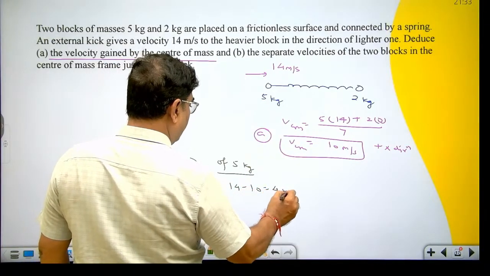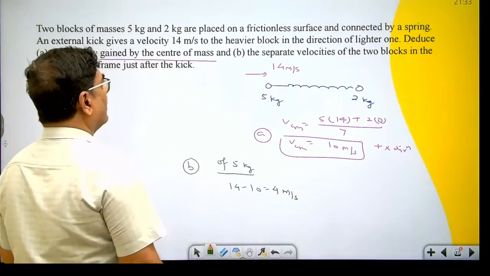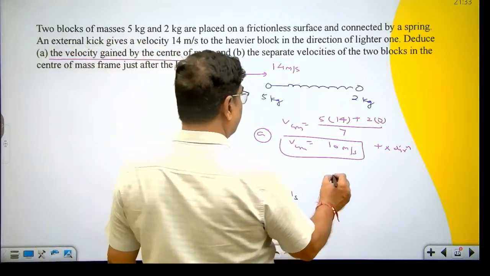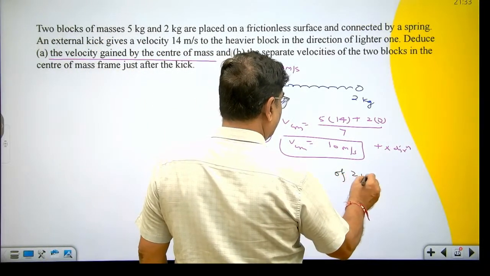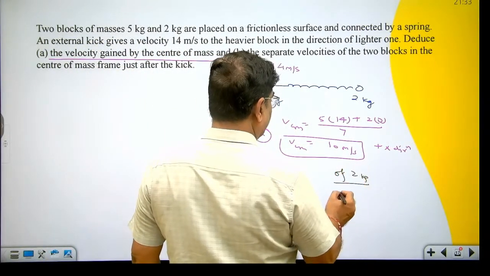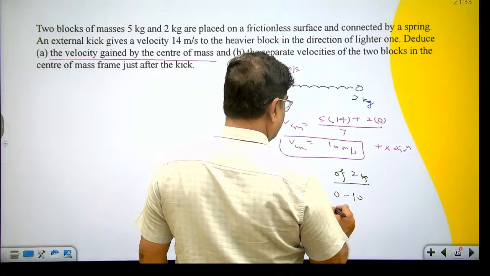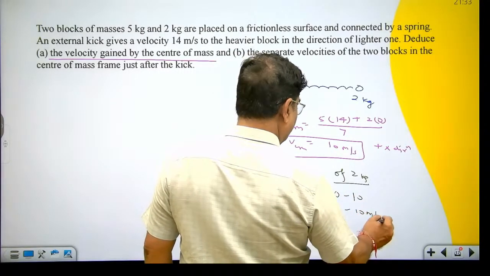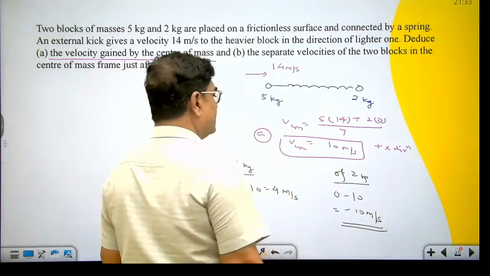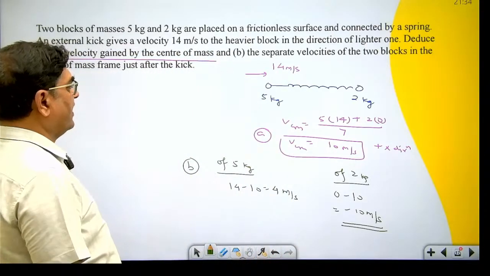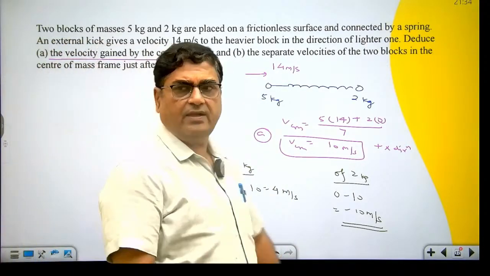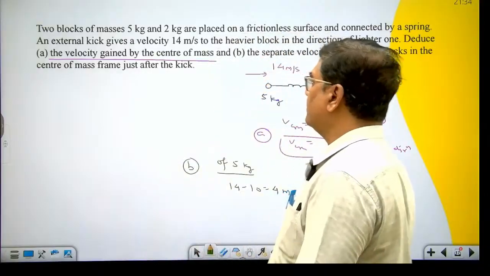This is equal to 4 meter per second. Now velocity of the second block of 2 kg in center of mass frame: velocity of 2 kg is 0 and velocity of center of mass is 10. So this is minus 10 meter per second. This is velocity of 2 kg, this is velocity of 5 kg, and this is velocity of center of mass. Okay. So dear student, this is the solution to our question.